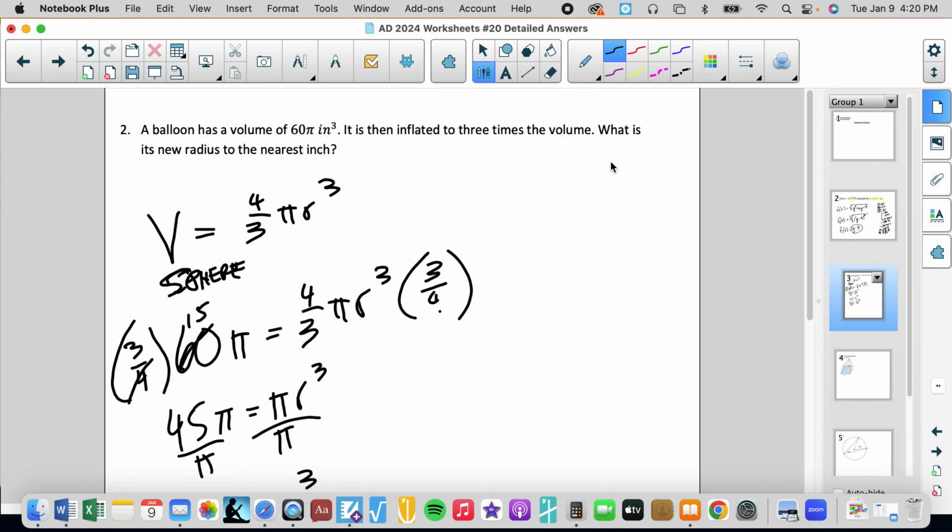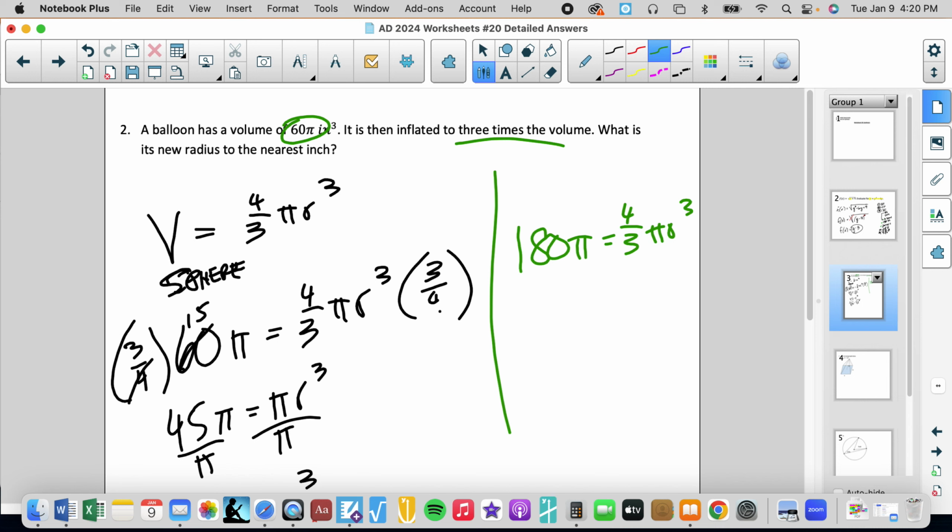All right, well, it would have been that, but we can do this. We can reverse engineer this. So if the volume is inflated to 3 times the volume, that's going to be 180 pi equal to 4/3 pi r cubed. Well, let's divide by pi first.